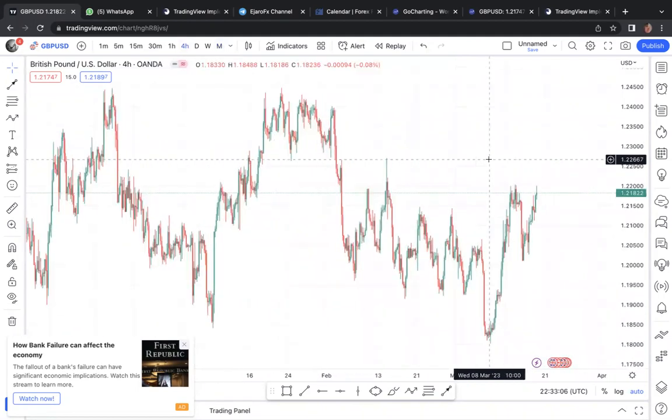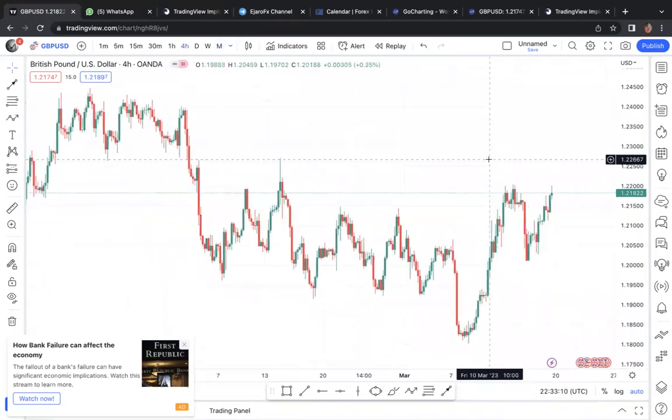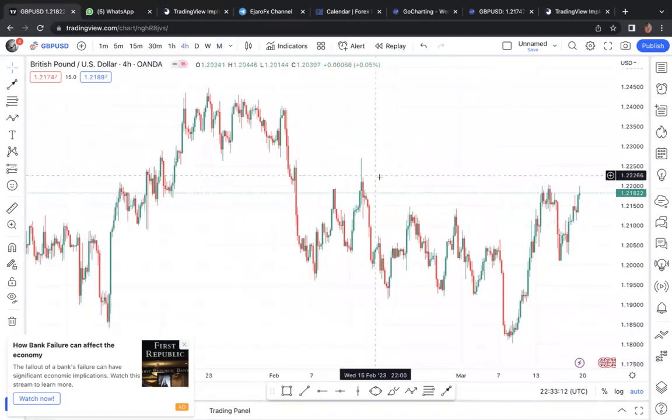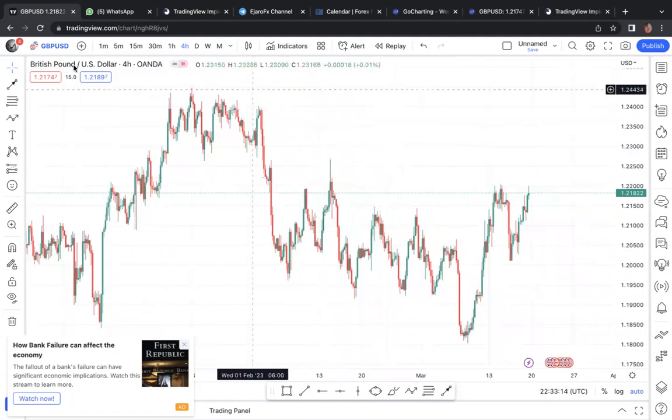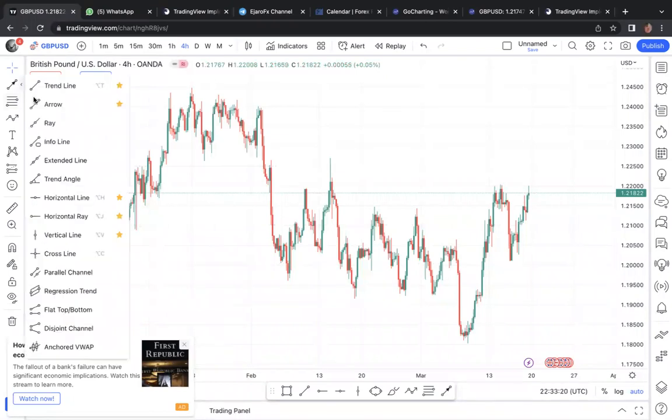Now, I cannot really talk about this GBP/USD because it has been ranging for days now, for weeks to say. You already know GBP/USD has been ranging, which is the reason why I have not been trading it at all. Instead, I have been trading Boom and Crash.